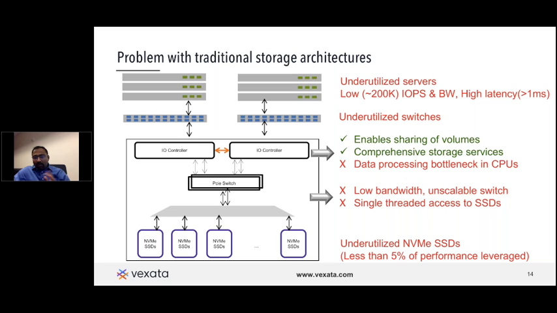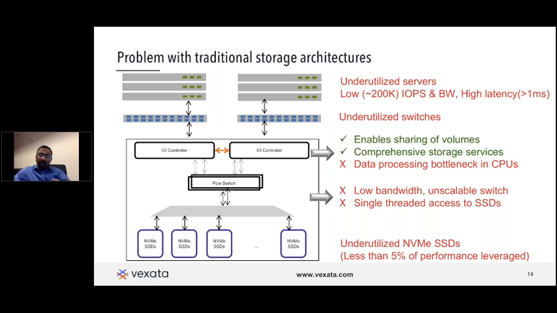Only if you're able to access all these SSDs in parallel, you can get to the really high performance that we are talking about, the multiplicative performance of multiple SSDs. What happens is these I/O controllers are doing a lot of different things. They're providing the storage services, and they're unable to essentially do full justice to the performance of these SSDs.